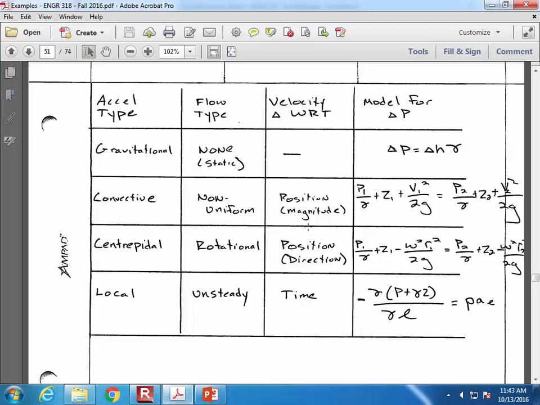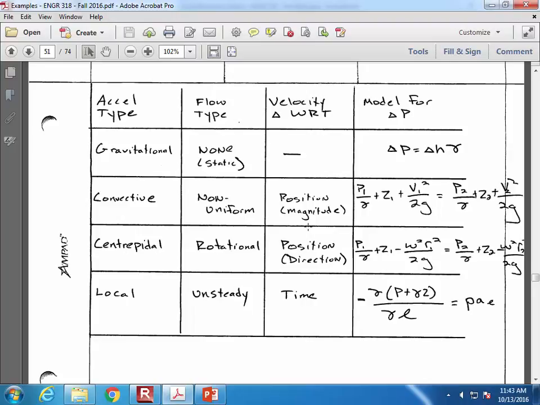What we're talking about today is when we have convective acceleration. Convective acceleration is associated with non-uniform flow. It's velocity change with respect to position. And it's something more specific than just position, because remember that velocity is a vector, so it has magnitude and direction.